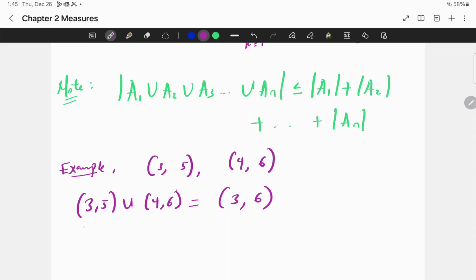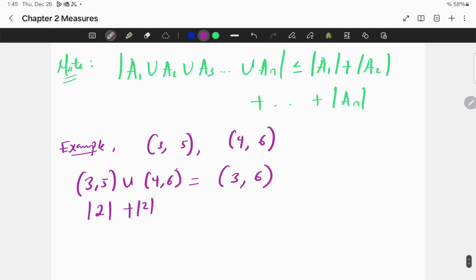Okay, so if you find the outer measure individually, the size of this is 2, plus the size of this is also 2, and that gives you 4. But that is not equal to the size of the union, which is just 3. So you can see that the sum of the outer measures of the individuals is actually greater than the outer measure of the union. So that is what we mean by countable subadditivity of outer measure.